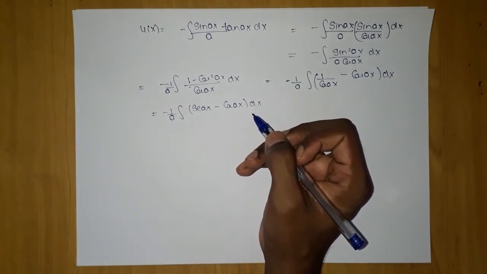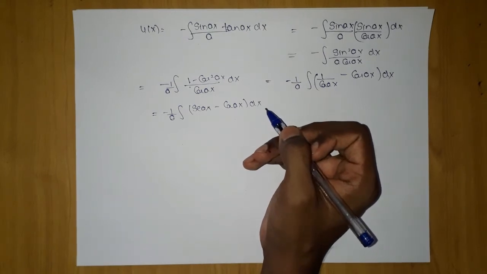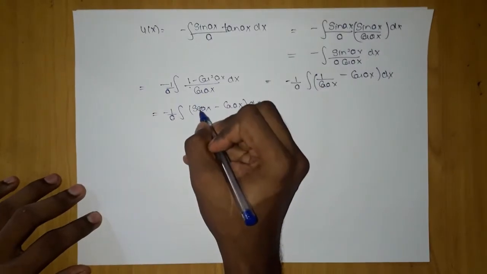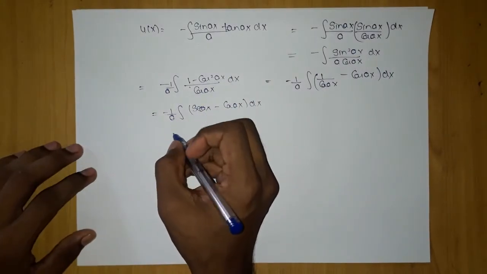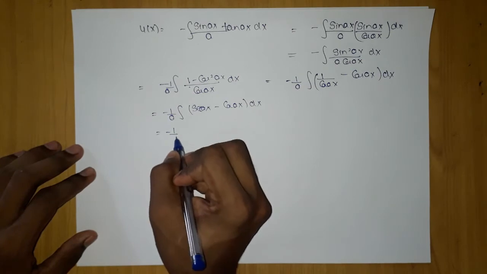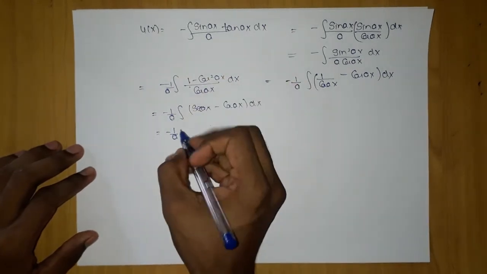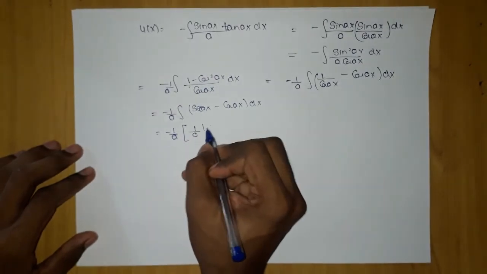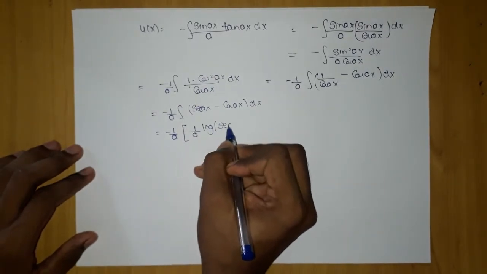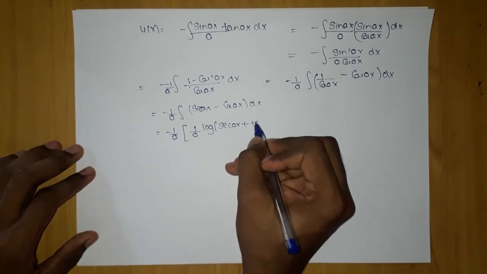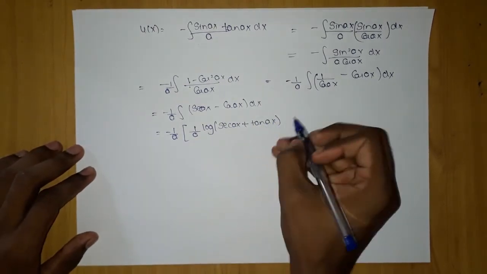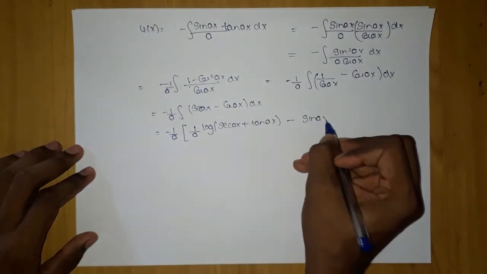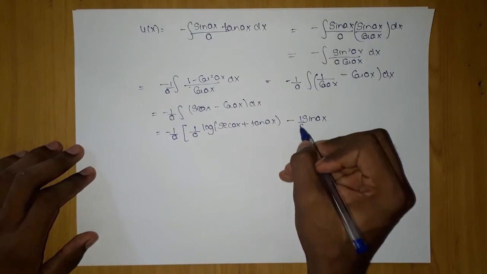If we integrate them separately, we get minus 1 by a, and since a is there, 1 by a log of sec ax plus tan ax, minus the integration of cos ax, which is nothing but sin ax, and we have already taken the 1 by a outside.